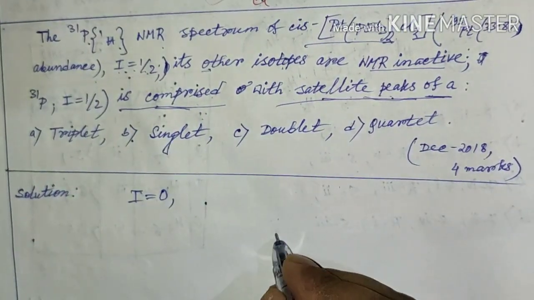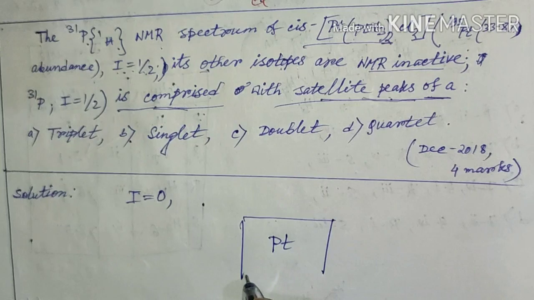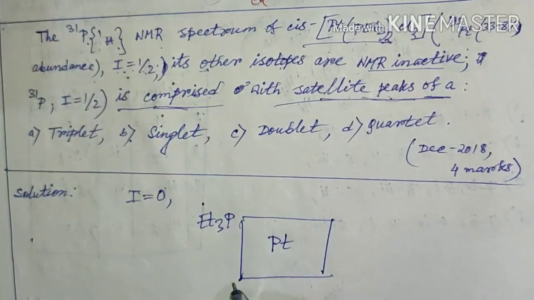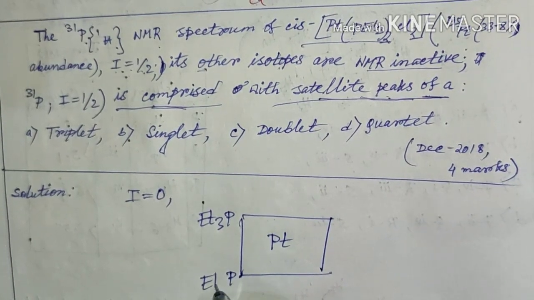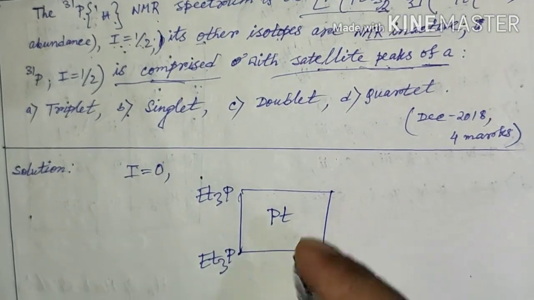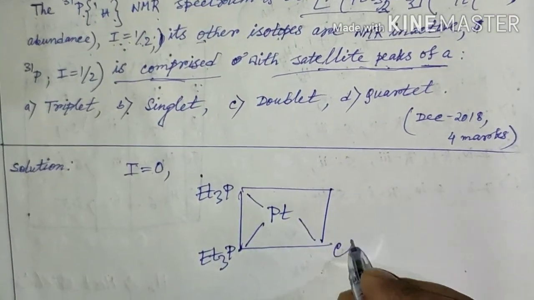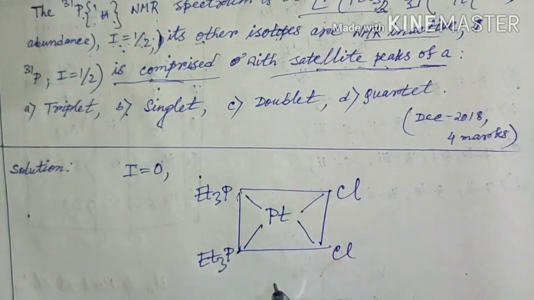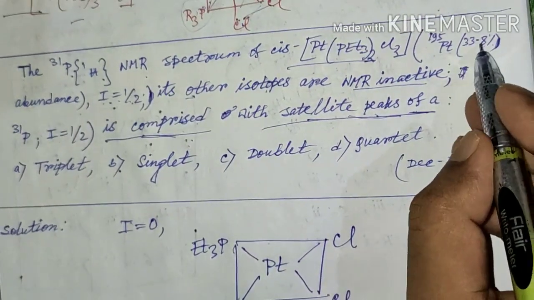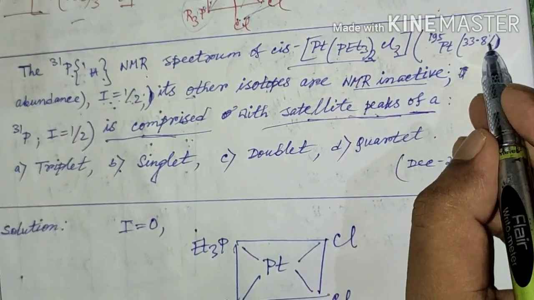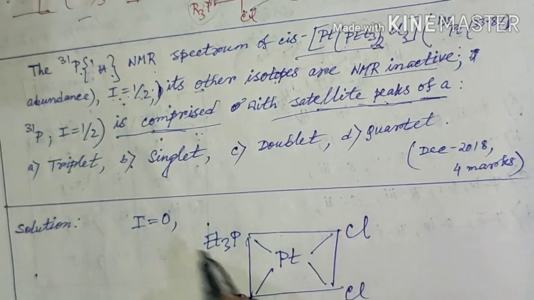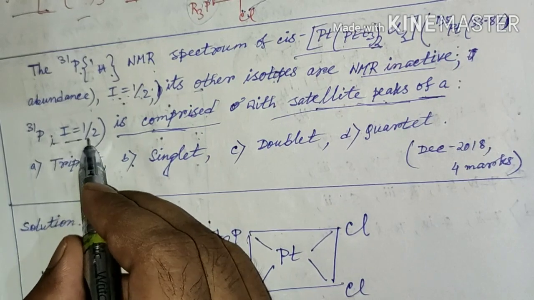Now for this complex, cis platinum PEt3, since it is proton decoupled, there will be no coupling with protons attached to any carbon atom which is attached to the phosphorus nucleus. It is a cis complex, and 33.8% of platinum nuclei are NMR active, and for phosphorus I is equal to half.